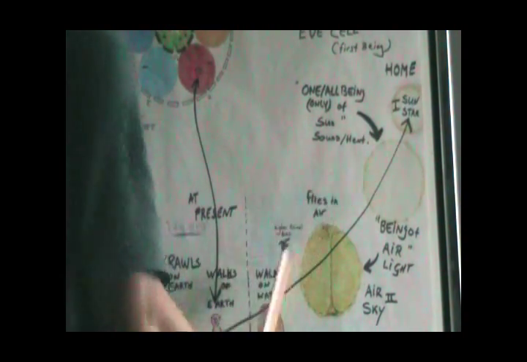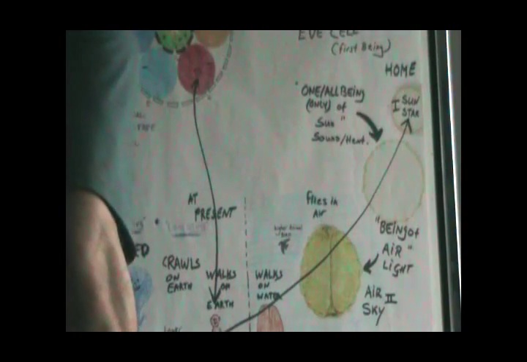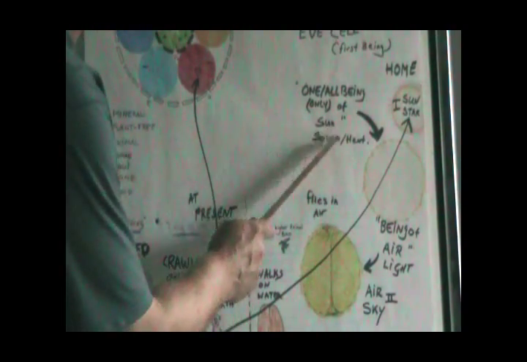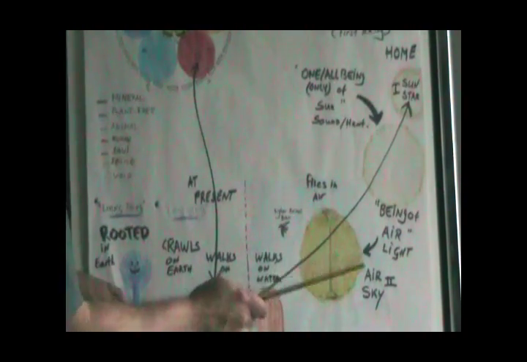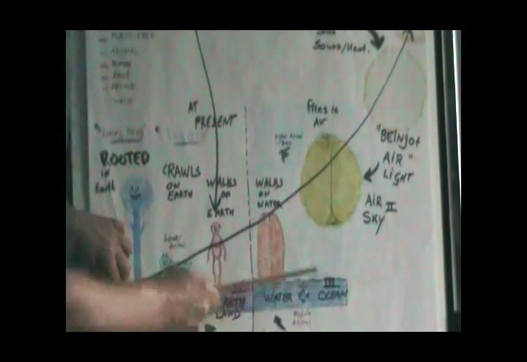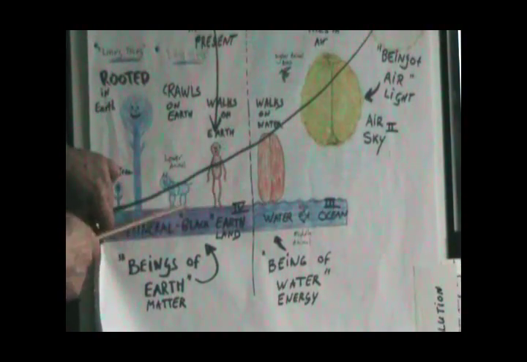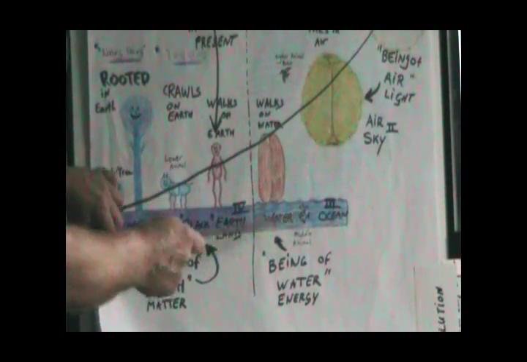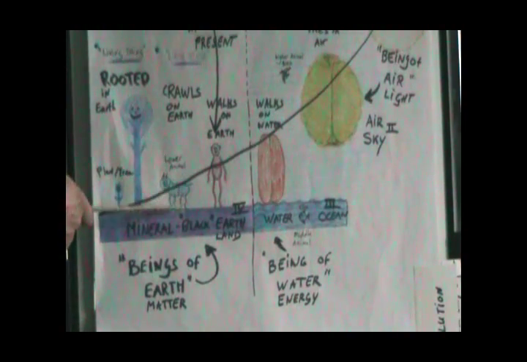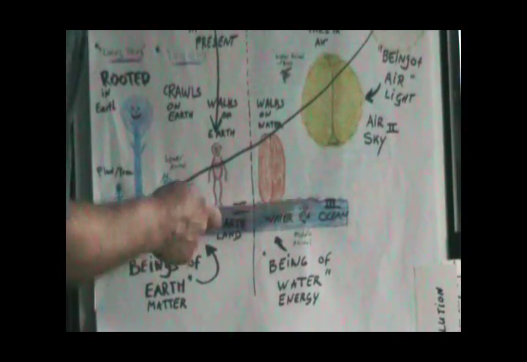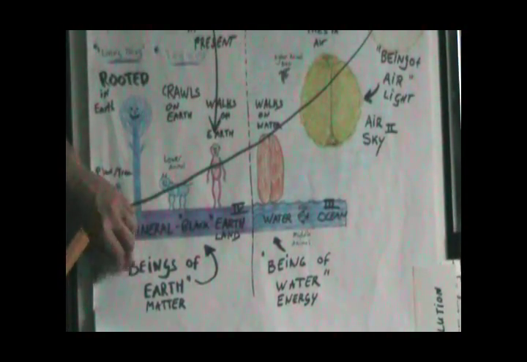So this is the total beingness, or one beingness, or all beingness, or only beingness, which is related to the sun and the sound and the heat. This is the spirit relating to the air and the light. This is the soul related to energy and water, and this is the bodies related to earth and matter. Now you have the lower animals crawling on the earth, the middle animals swimming in the ocean, and the higher animals flying in the sky.